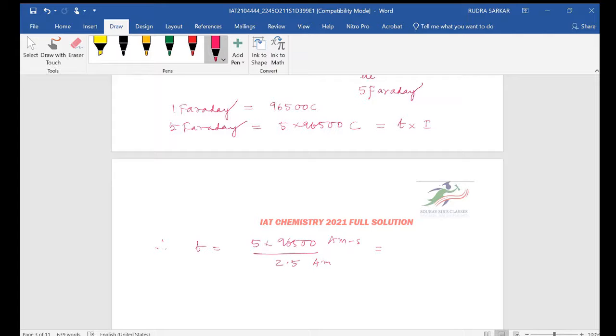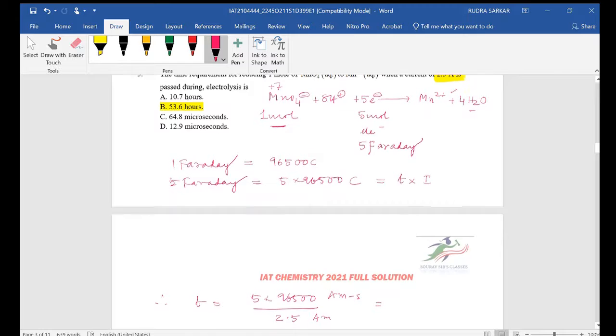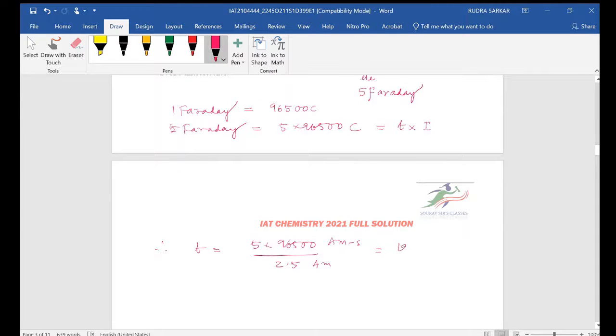So if we calculate, that is 5 into 96500 divided by 2.5, that is coming out to be 193,000 seconds.